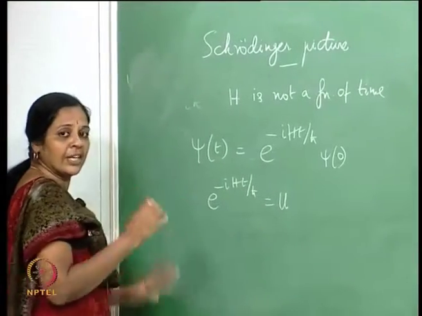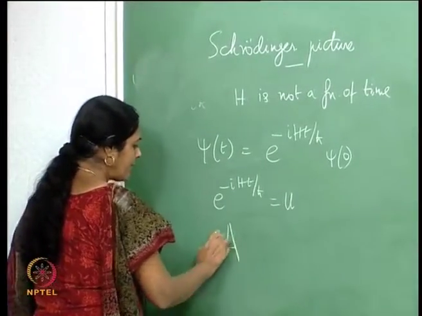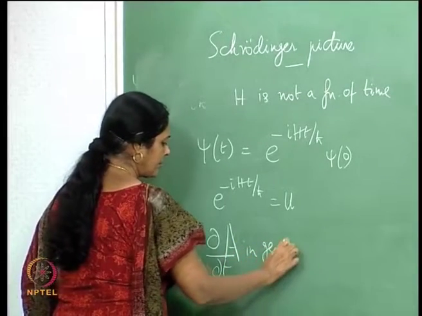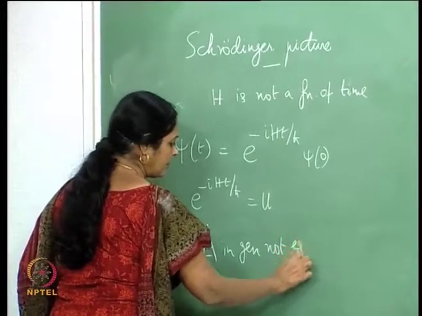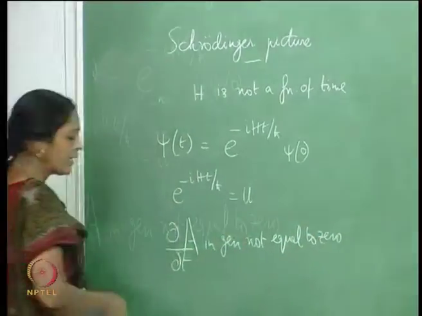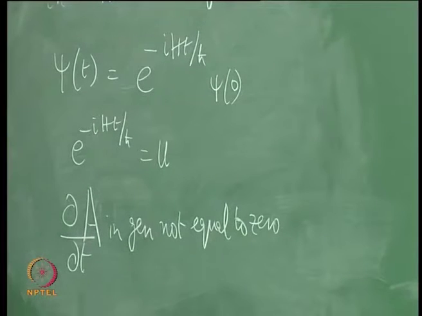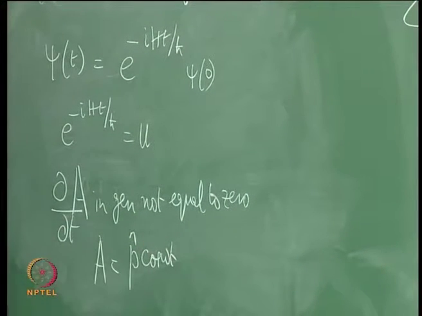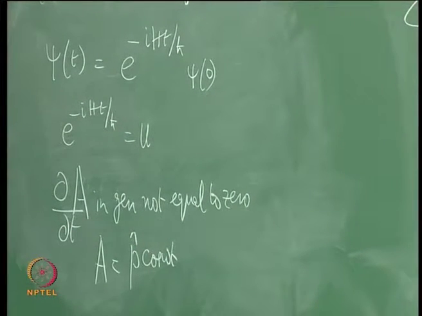A itself, any operator A, can have explicit time dependence. I gave an example, could be A cos omega t or P cos omega t. All this is possible, but P is a linear momentum.